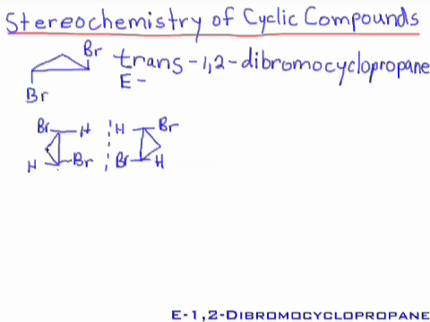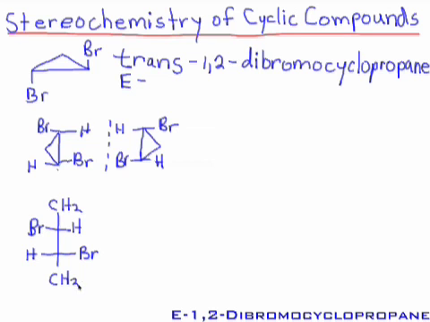But let's pretend I'm going to just draw an ordinary Fischer projection. The only difference is the group at the top is a CH2 and the group at the bottom is a CH2.